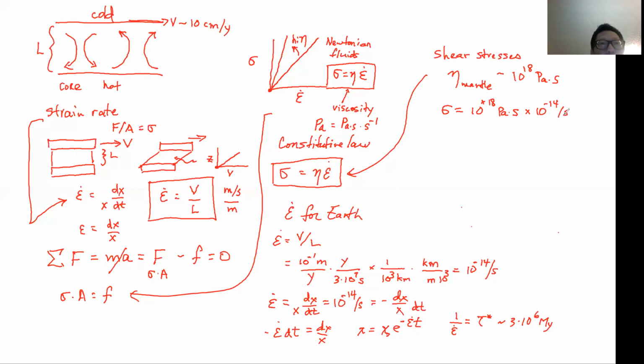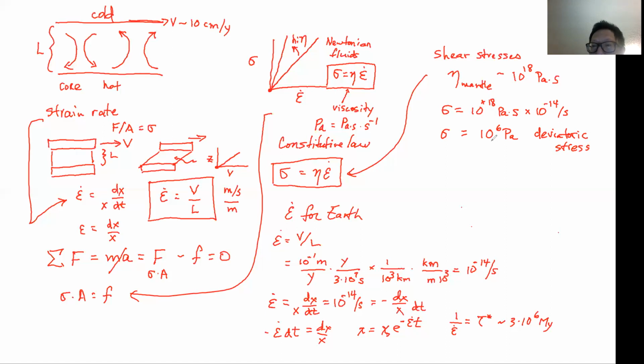That's the strain rate that we derived. And in the end, what you get here is about 10 to the 6 pascals, okay? And that is the shear stress that is needed to drive flow in the mantle, 10 to the 6 pascals. This is what we call a deviatoric stress, and that'll become clear in a second.